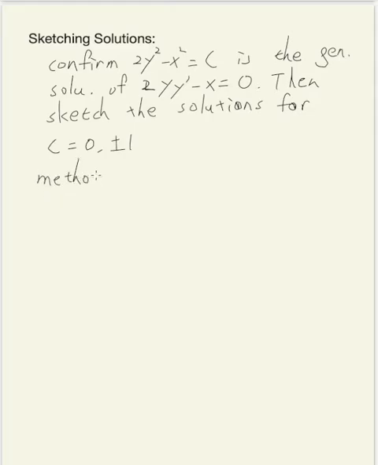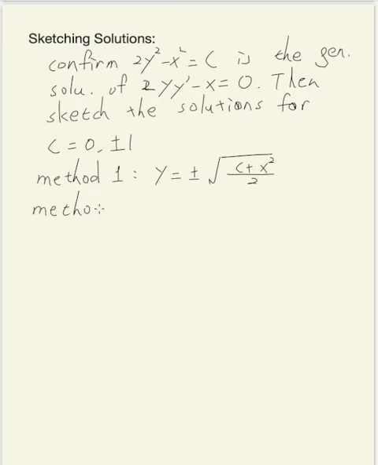Method 1 is just to change this into an explicit formulation that depends on x only. You get y equals plus minus square root of c plus x squared over 2. And then you calculate y prime and plug it in and go through the same process we went through before. Or an easier way to do this problem would be this.